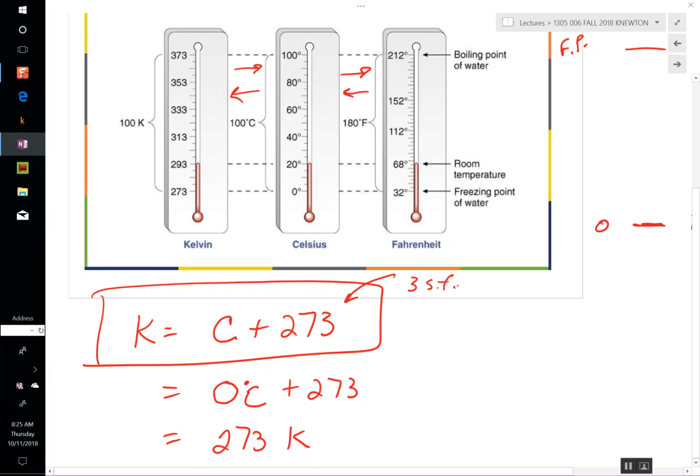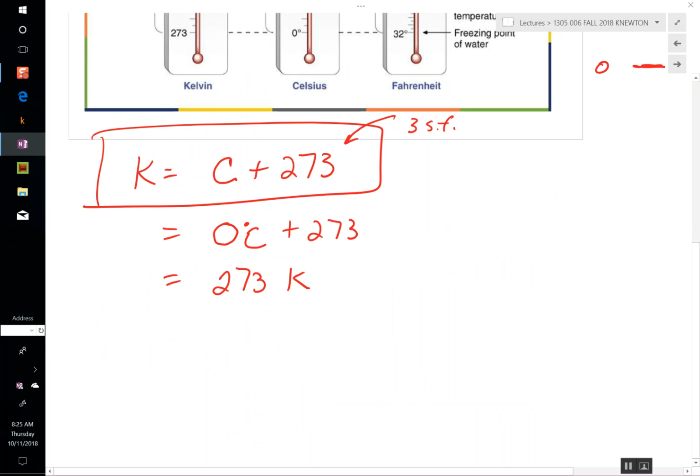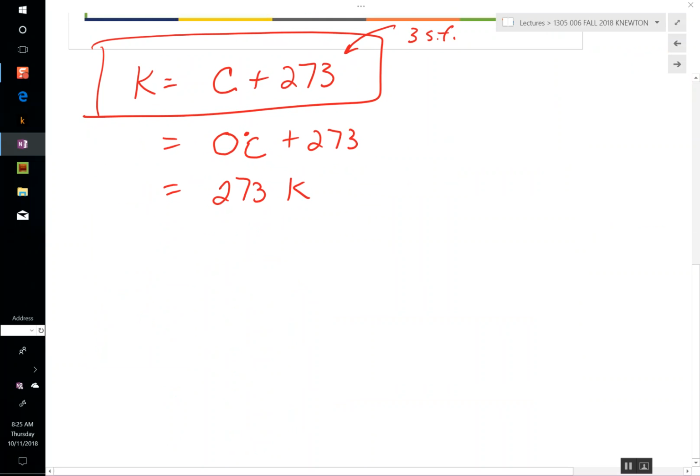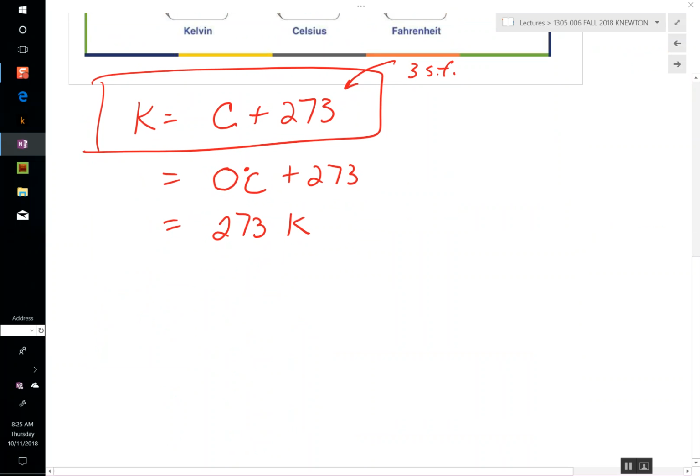All right, yes? What if you're asked to add 12 Kelvin to 45 degrees Celsius? How would you convert it? Okay, well, that would not be a question you'd be asked. It was in Newton. It said add 16 Kelvin to like 40 degrees Celsius or something.